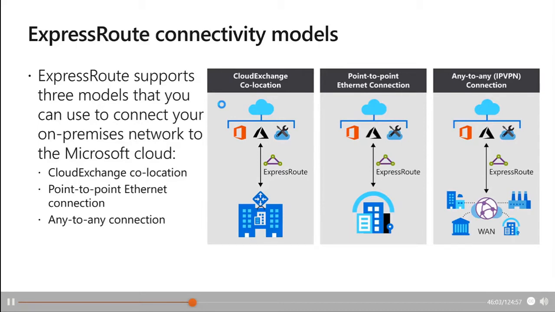And then I can do any-to-any connections, okay? So with any-to-any connectivity, I can integrate my WAN with Microsoft Azure. So I already have that WAN over there where I have all the services connected, because I have a headquarters, and then I have several branch offices, and then I can use this to connect. So with any-to-any, the provider offers layer 3 connectivity.